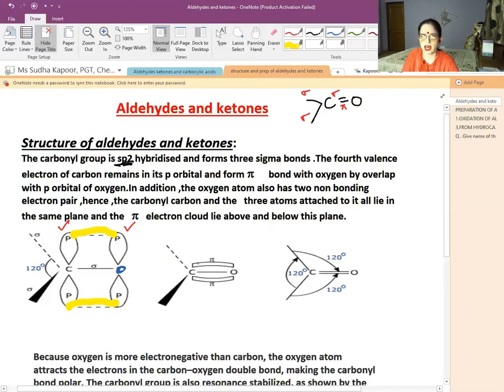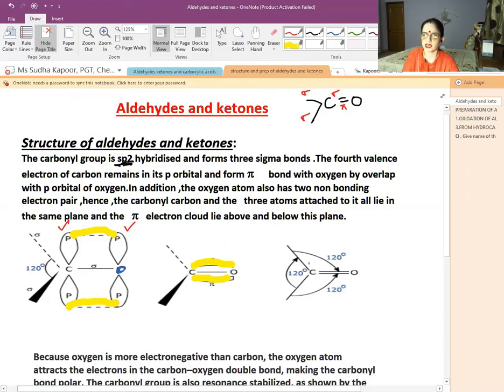We can see that the pi electron cloud lies half above and half below the plane of the sigma bond. Although it is formed half above and half below, it is counted only as 1 pi bond.